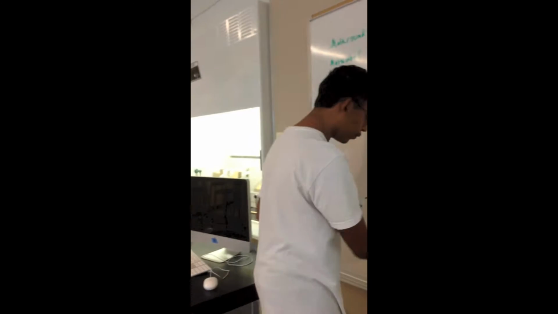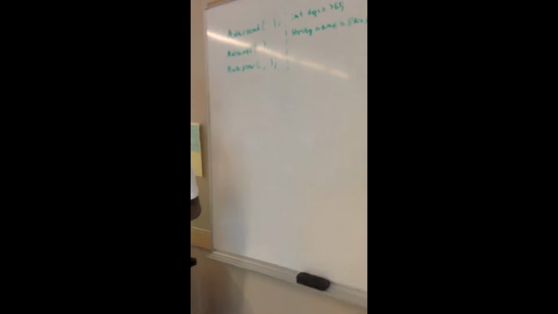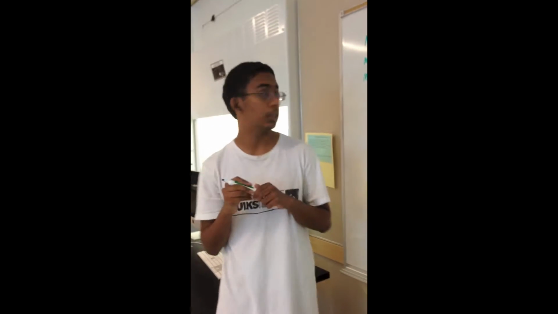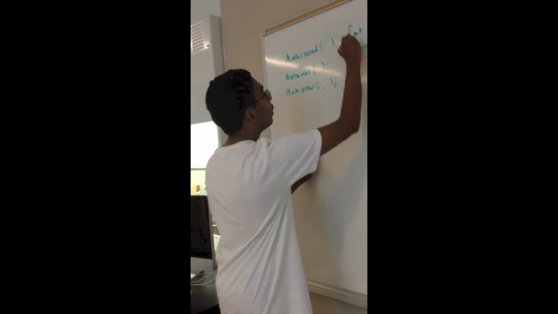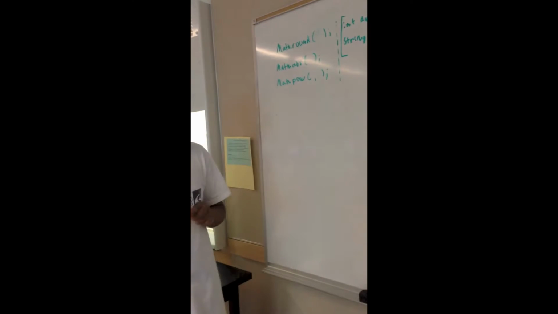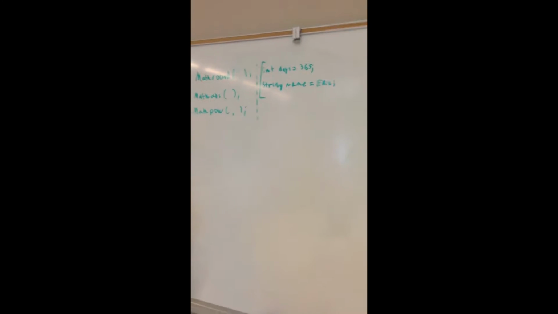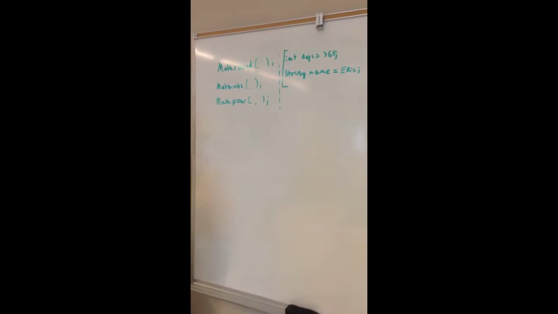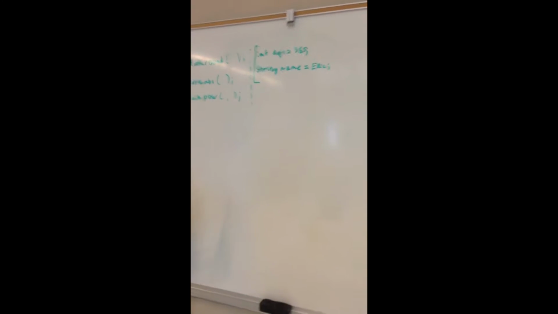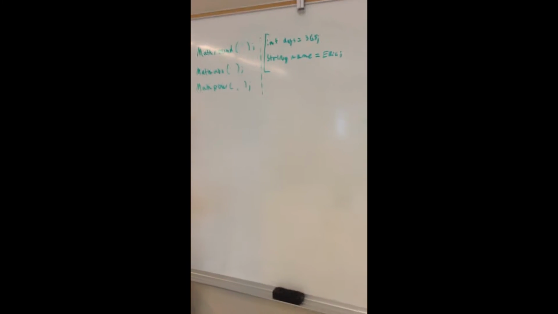Now I'm going to go over a few more classes. Normally I'd have you guys type this up with me, but I don't have that much time today, so sorry about that. If you'll notice over here, we have these two statements. The first one is int days equals 365 semicolon. Once again, we're making an object of the int class. Technically integers are not in a class, but I don't care enough about that right now.